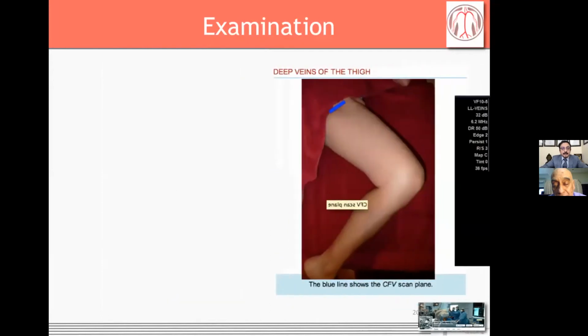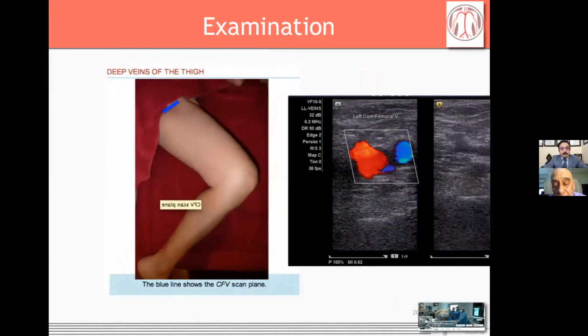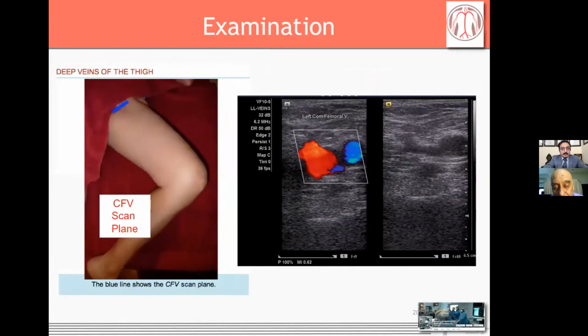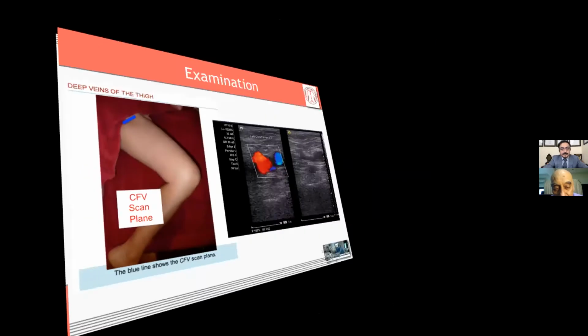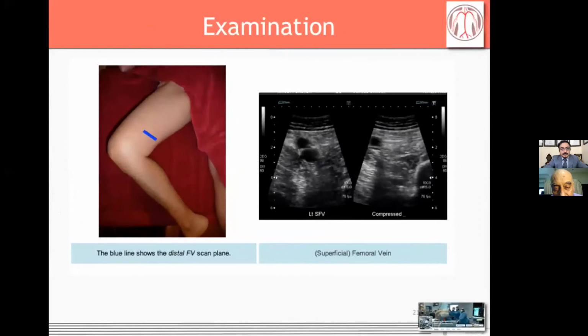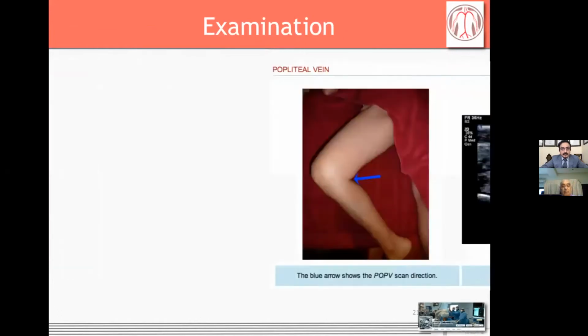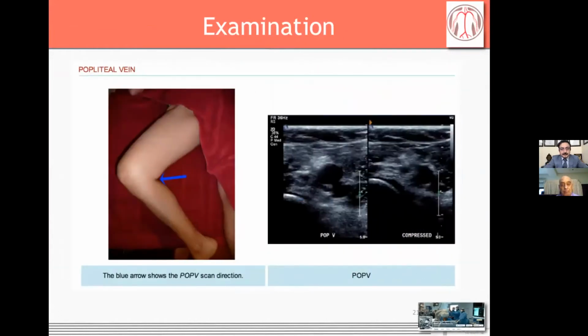So you see, start from the groin region in transverse and longitudinal section, look for the deep venous system, and then start scanning your superficial system. As you come down, this is the region where you can look for the distal femoral vein, which is called the superficial femoral vein as well. And you can easily look into the popliteal fossa in the longitudinal as well as the transverse scan for the popliteal venous system.